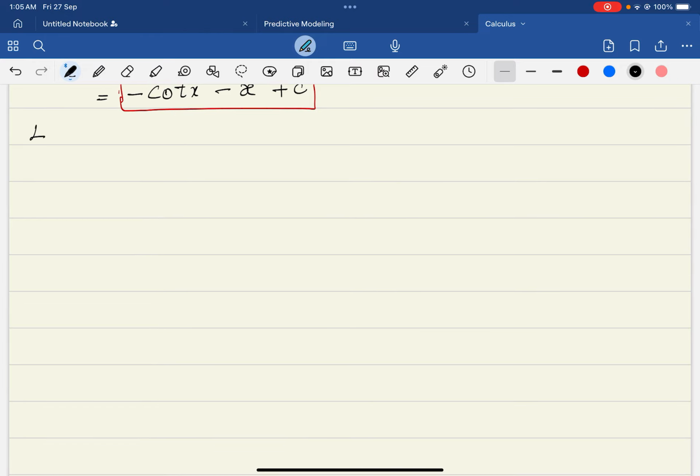The fourth problem is, suppose, the integral of 1 plus tan square x dx. Again, there is an identity: 1 plus tan square x is given by secant square x. So we use that formula.